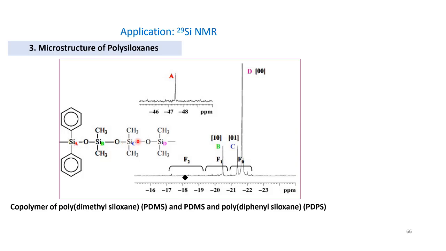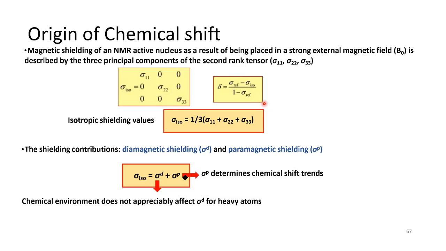Then for silicon attached with a methyl group, again it is coming around minus 21, minus 22. This is for the methyl group and an electronegative group. So again, for attachment with different groups, the peaks will be at different places.